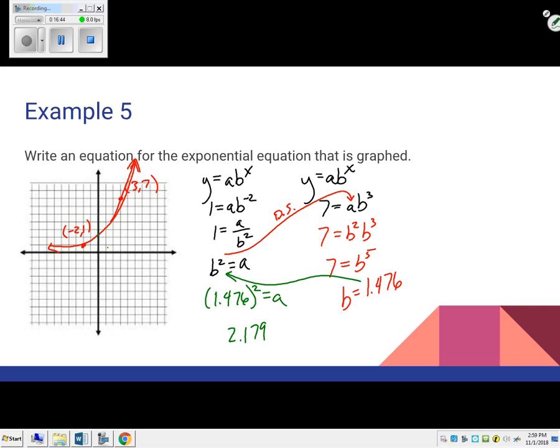I wasn't that far off. That's my a. I've got my b. That is the beef of the problem. I'm writing a little big, but I squeezed it in. And that would be my answer. This will take practice. Stick with it. Follow these examples.